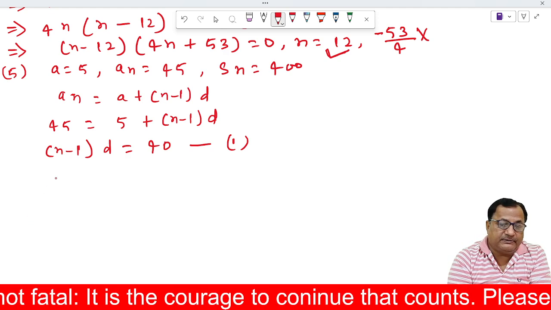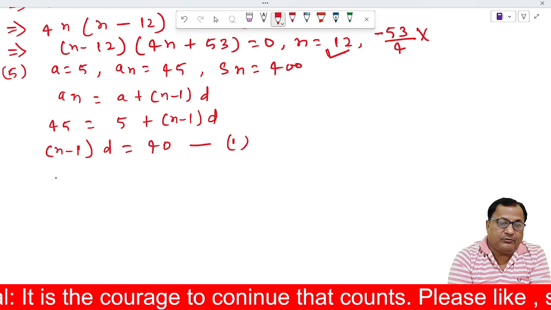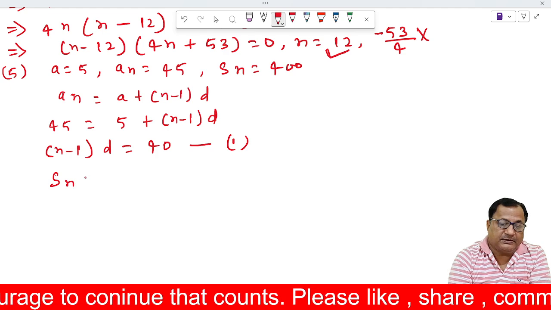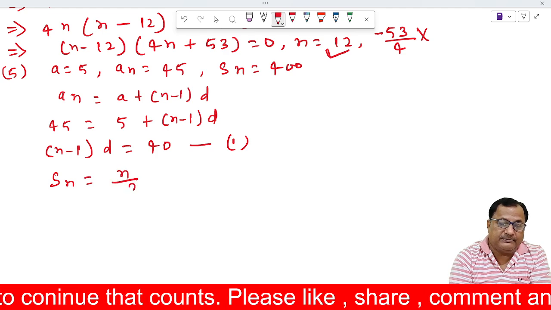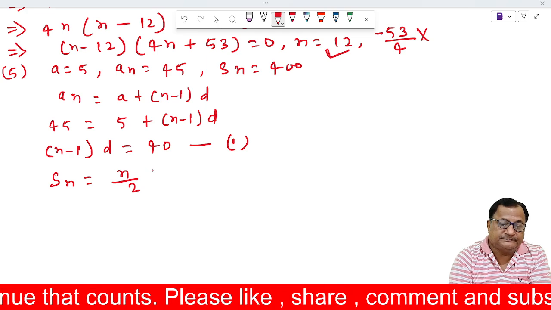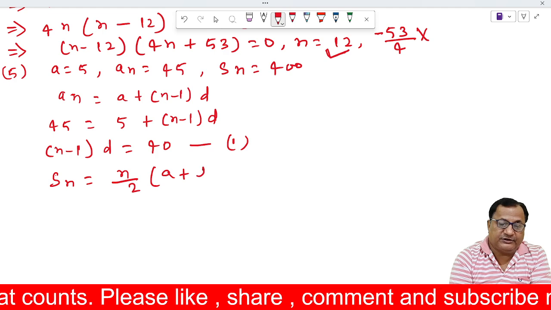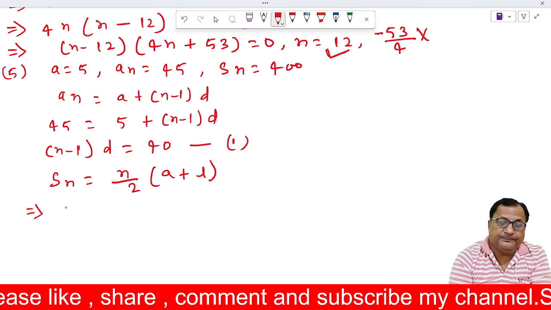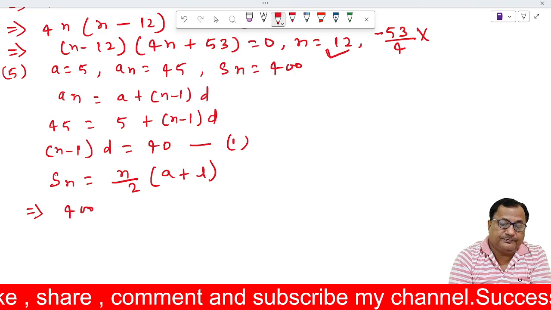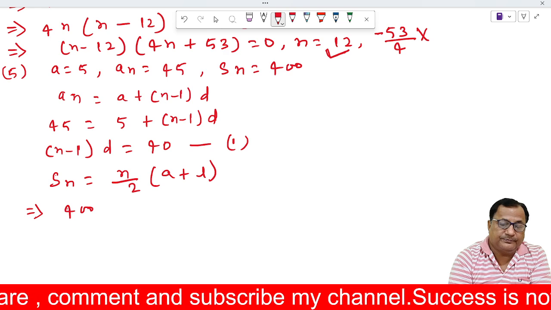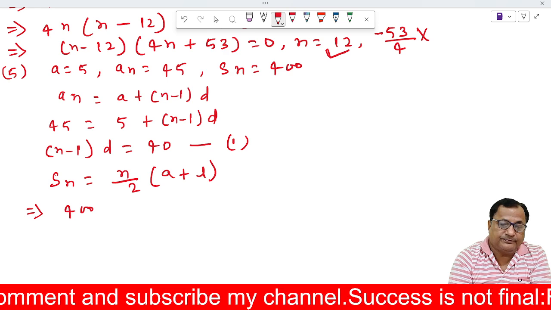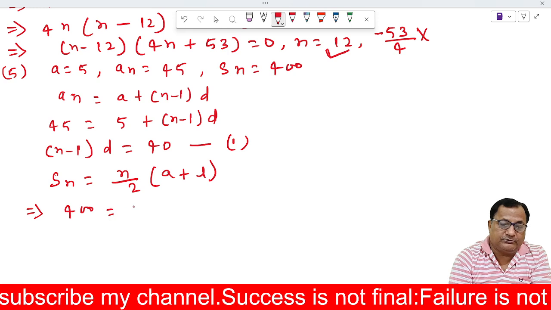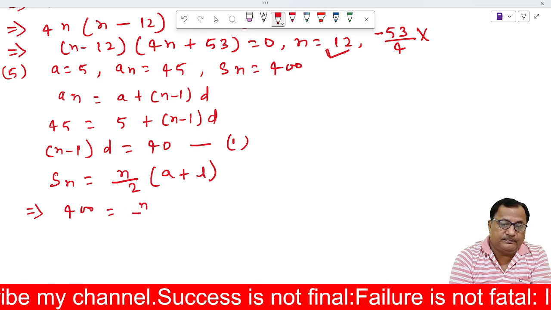Now Sn is given, 400. So we will use this formula, n by 2 into a plus l. Using this formula, Sn is given 400, equal to n by 2.